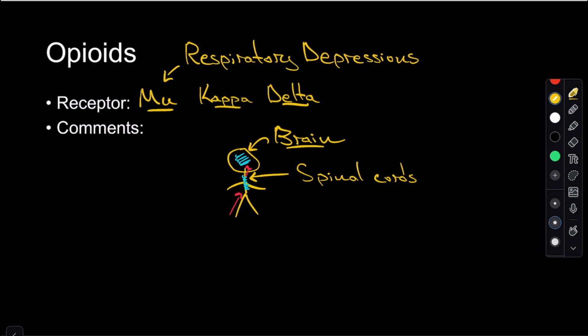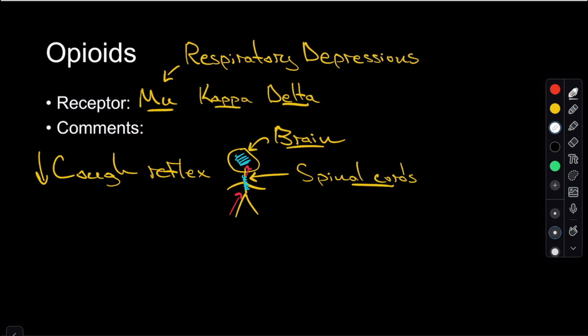So it affects the mu receptors in both the brain and the spinal cord. It has another useful effect, which is going to be reduction of the cough reflex. This is useful in anesthesia during endotracheal tube placement or removal. And then, like I said, the major adverse side effect of opioids is respiratory depression, which can be life-threatening.